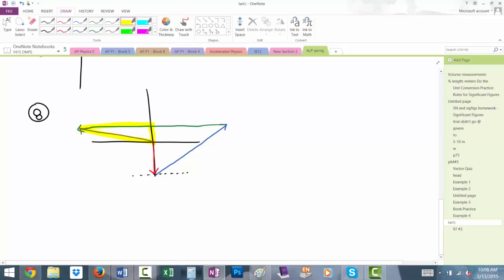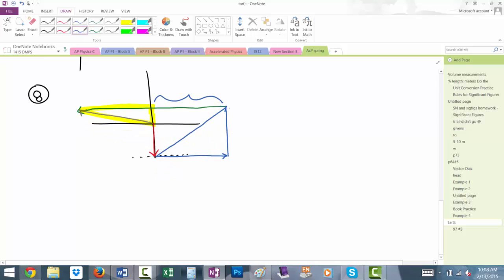Is that okay? So if you find this piece and this piece, then you know how big this is. So you can figure out this one. And you know how big that is, so you can figure out this one. It is hard, but if you work through it, I think you can do it.